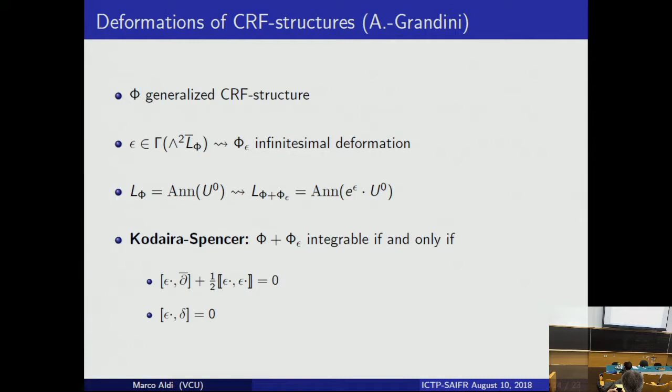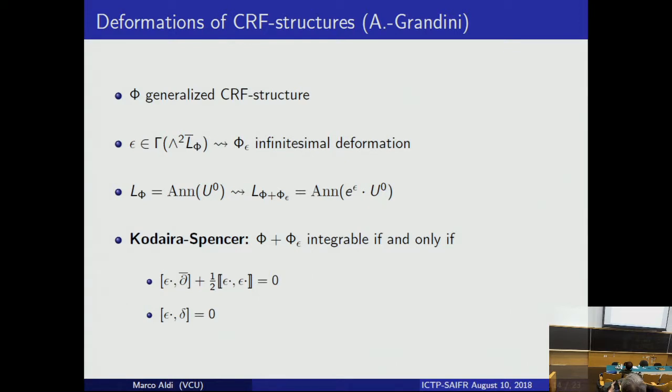And one thing that you can do with this decomposition is to use it to study deformations of CRF structures in analogy with what you do with generalized complex structures.